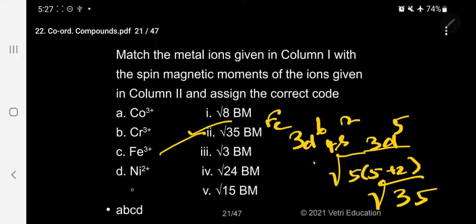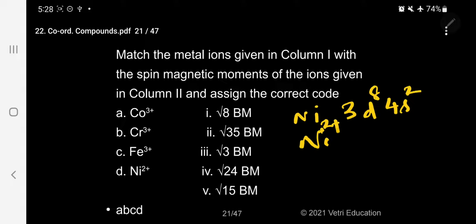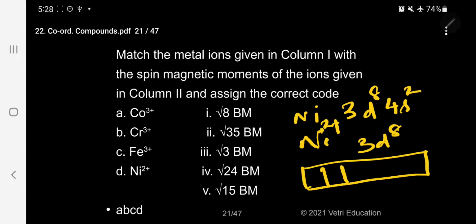The next one, nickel 2 plus. You already know nickel's neutral configuration is 3d8 4s2. 2 plus means 3d8. 3d8 means 8 electrons: 1, 2, 3, 4, 5, 6, 7, 8.